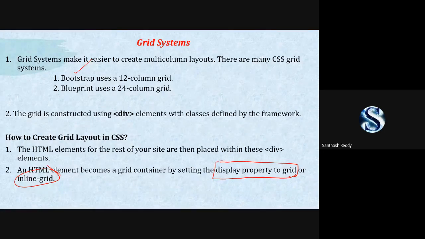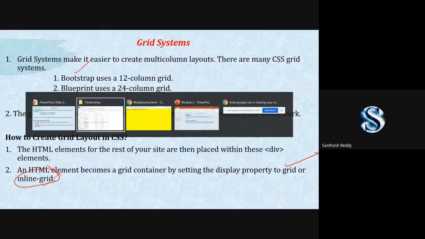If I want to develop a grid container, I have a property called display, and based on that I generate the grid. The values we can apply are grid or inline grid. Now I'll show the code for how to make use of it.